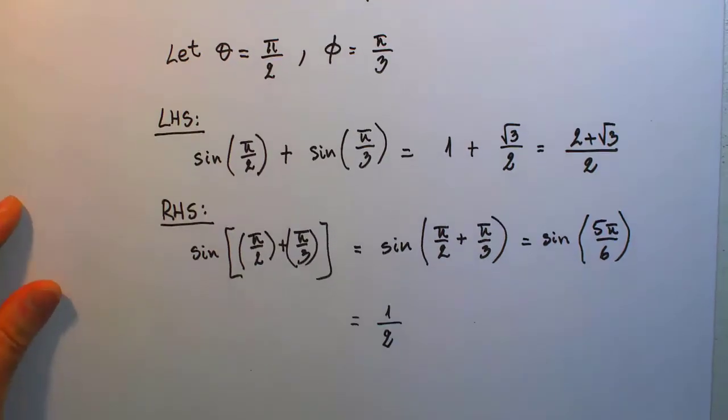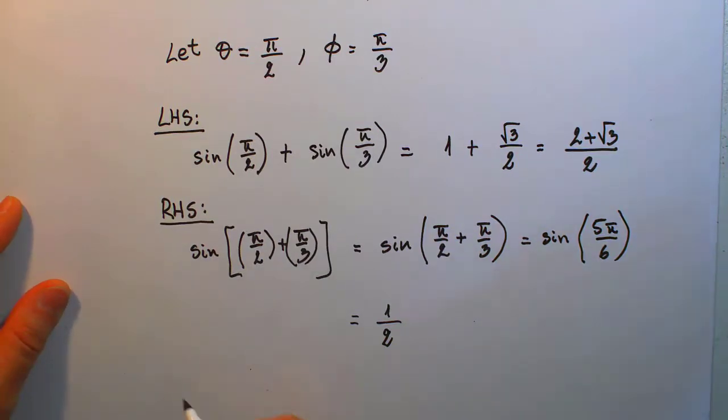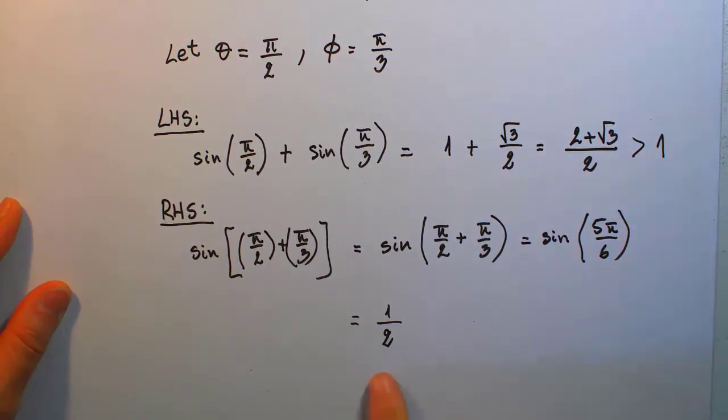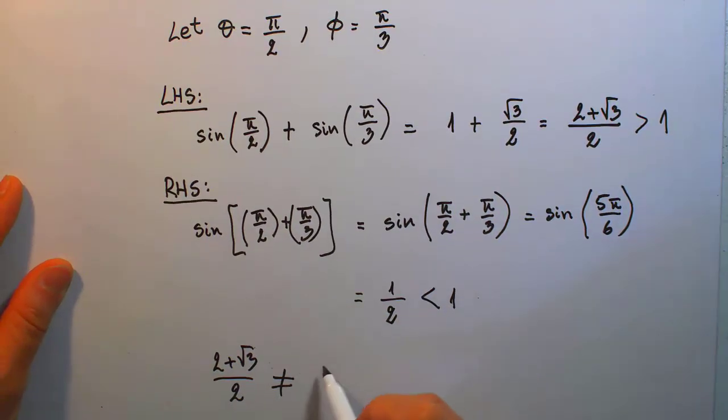And so what I see now is that the left hand side turned out to be a value much greater than 1. But the right hand side is a value that's less than 1. So it cannot be equal. In other words, 2 plus square root 3 over 2 from the left hand side is not equal to the right hand side, 1/2.